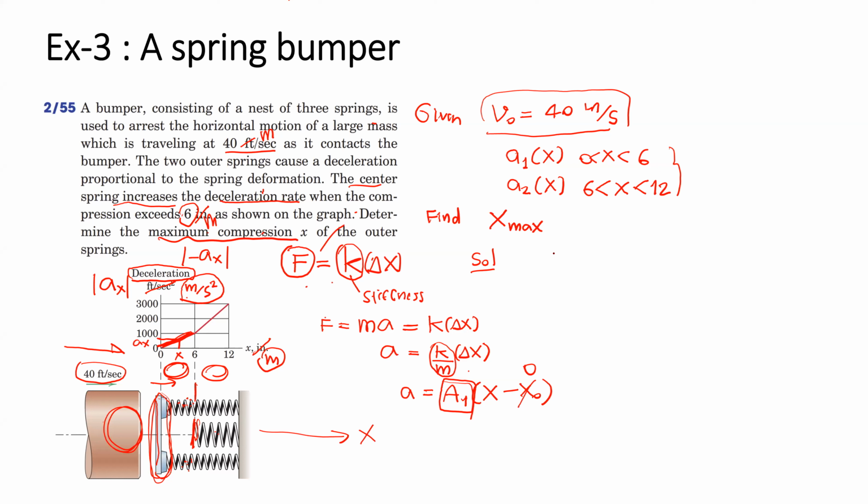In the first region, by using similar triangles, we have ax minus 0 divided by x minus 0 equal to 1,000 minus 0 divided by 6 minus 0, and then you get ax equal to, I need your help again, 167 and x, right?